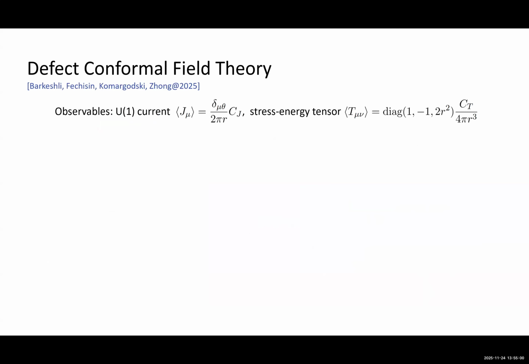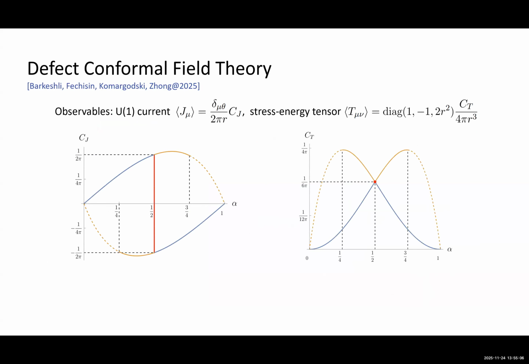And if you are more practical and you want to know the physical consequences of having such a defect, I'm suggesting that you look at the U(1) current and the stress tensor, whose response as a function of the alpha parameter is different for the multi-critical fixed point and the IR stable fixed point, and the RG flow goes in this way.